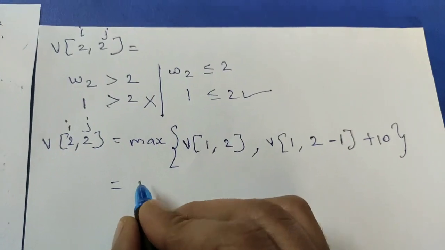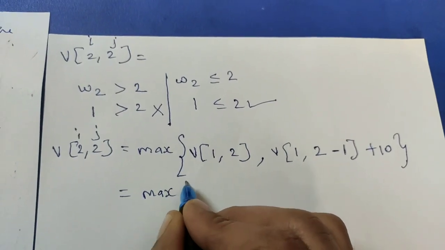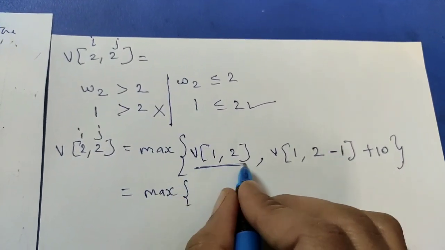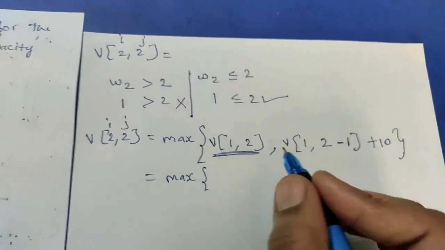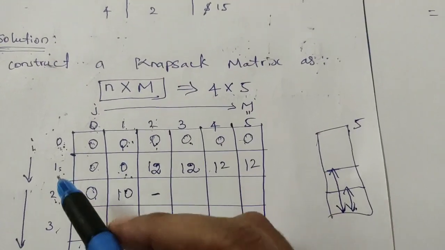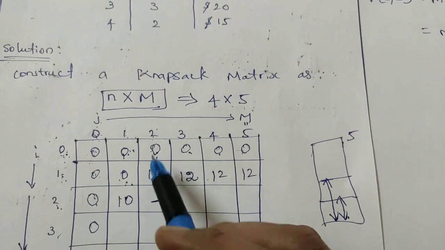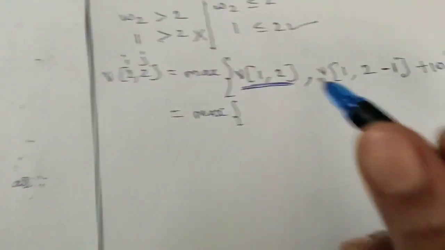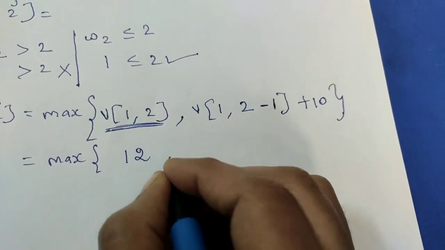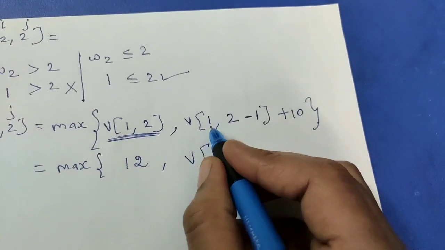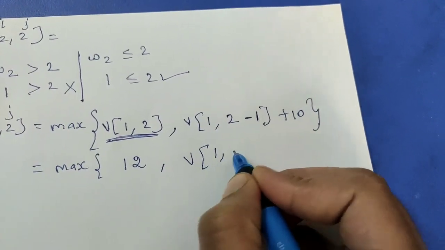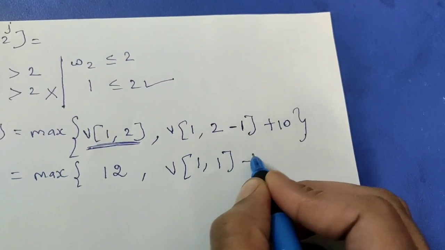Now find out which is the maximum value. Go to your knapsack matrix and find the value present in this location. In the location V of 1, 2, what is the value I have? I have 12. Here the second location is 1, 2 minus 1 is 1, plus 10.